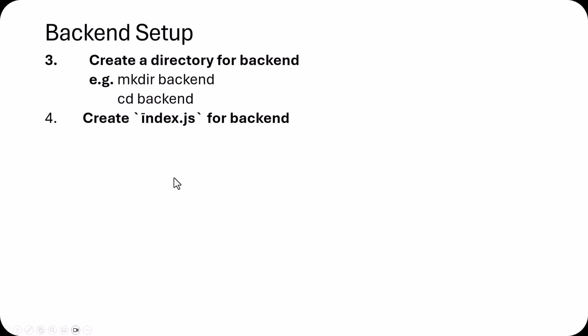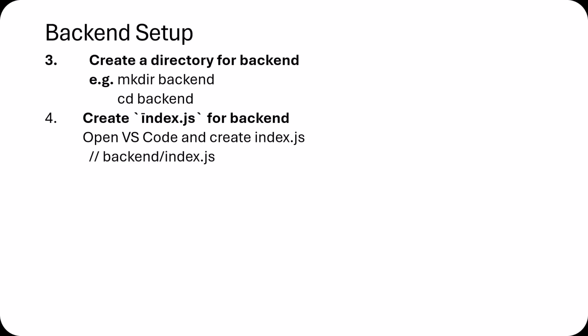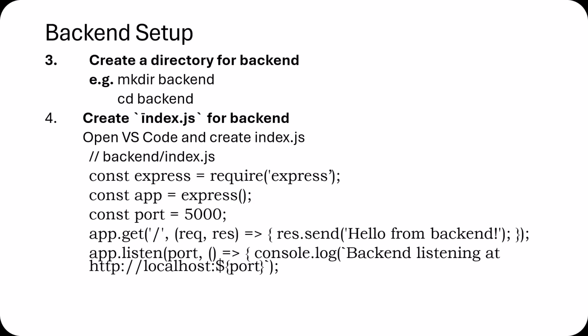Now once I change directory to backend, I will have to create the index.js file, which looks like this. This is creating a backend server with Node and Express.js. All right, so we'll copy this code from here and paste it to create an index.js.